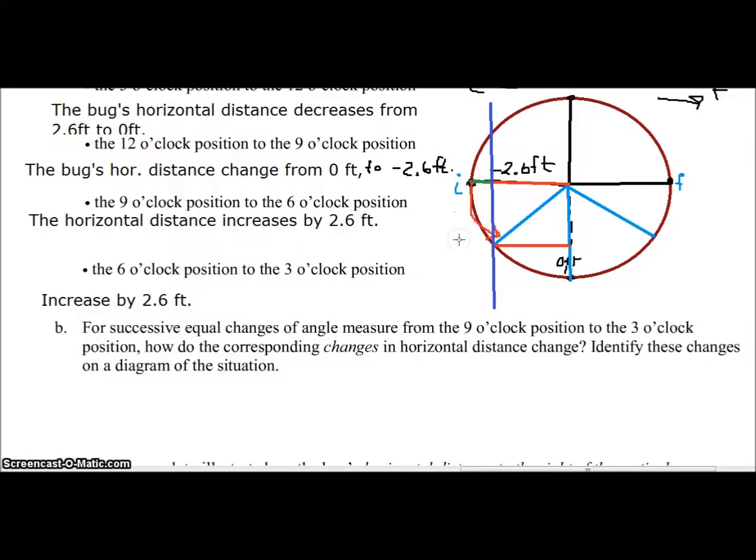So there's that initial change in horizontal distance. Then if I go from this point to this one, we see the change in distance is this line here.